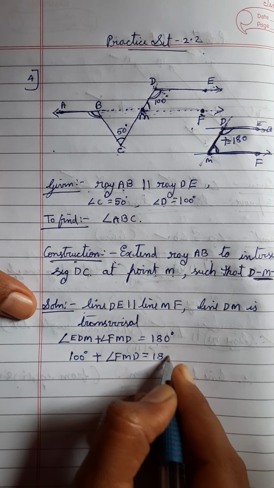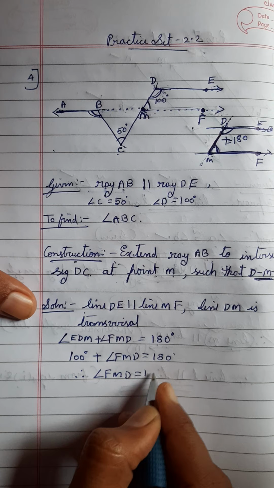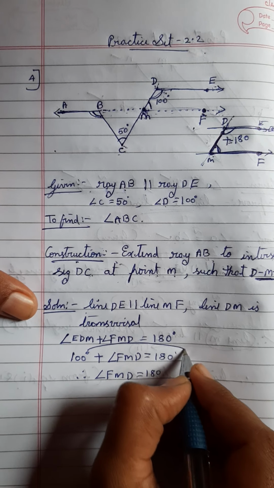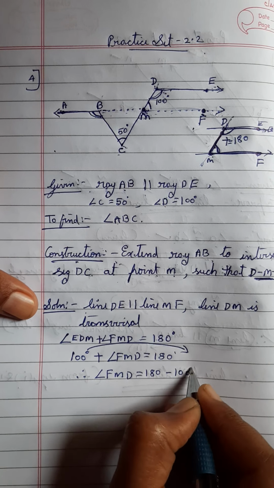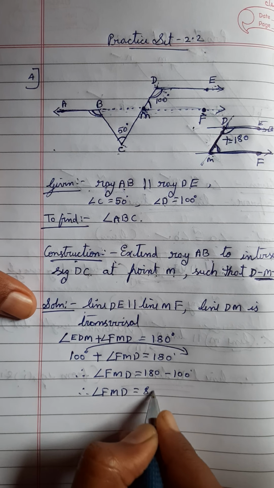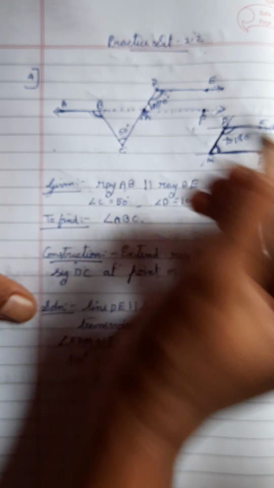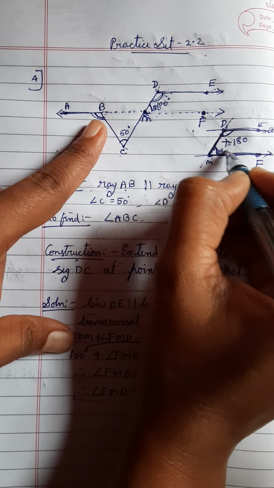Therefore angle FMD is equal to 180 degrees, and taking this 100 to this side, it becomes negative 100. So angle FMD is equal to 80 degrees. This angle is 80 degrees now.